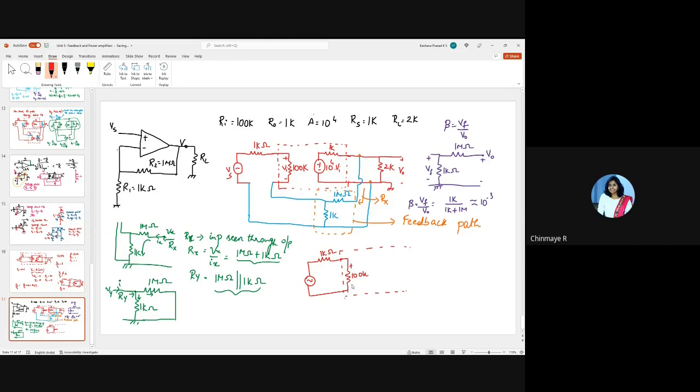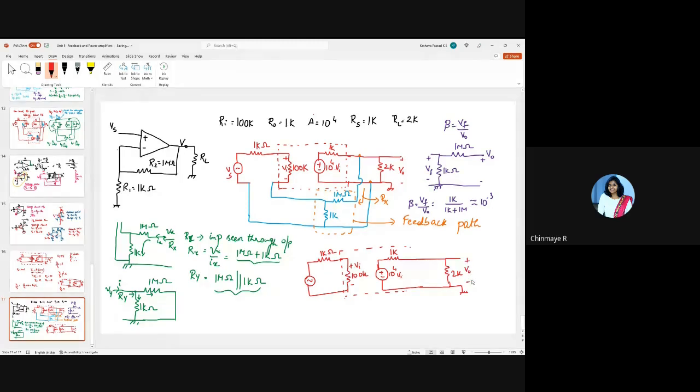So here you will have Vi, so this will be 10 power 4 times Vi. This is R naught, which is 1K. Then you have 2K, which is grounded, right? And then you're going to take the output at this point.